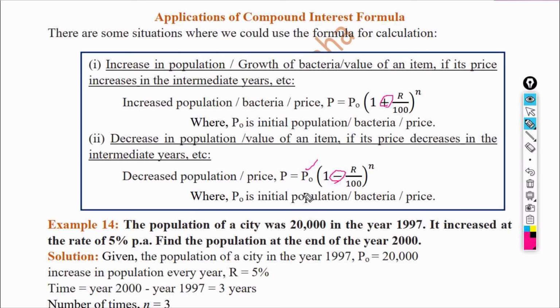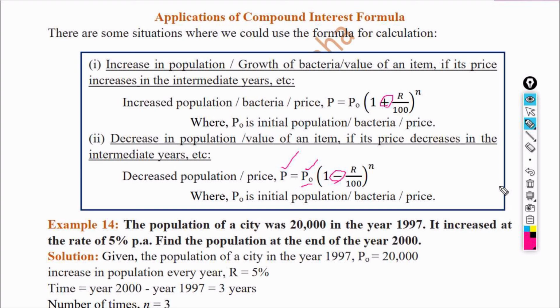When he purchases the bike for 1 lakh in the first year, that price is taken as P naught, and after a year, the depreciated price, let us take as P. Now remember these two formulas to use in various questions. Then let us see where we can apply these formulas.